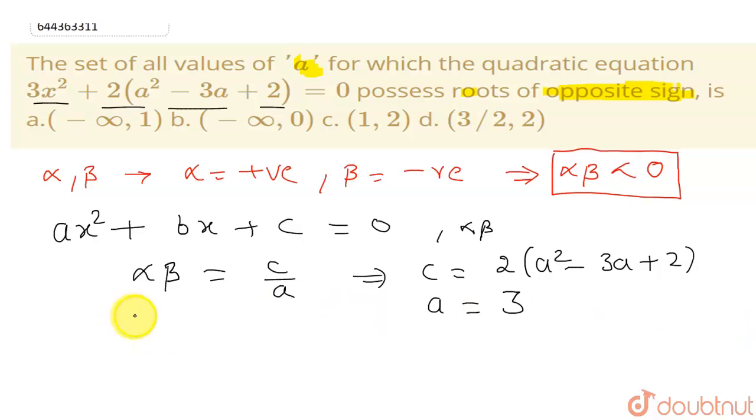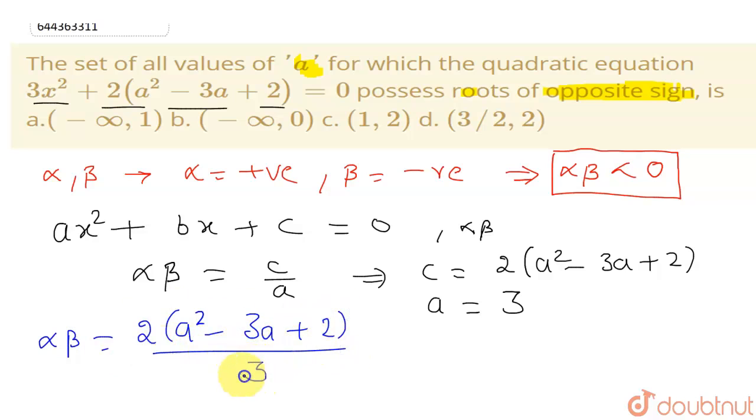So see, alpha beta will be equal to c by a, and c is this and a is this. So I can write alpha beta equal to 2 into a square minus 3a plus 2 divided by 3. In the question, it is given that they are of opposite sign, which gives us the condition that their product is less than 0, and alpha beta is this, which is less than 0.